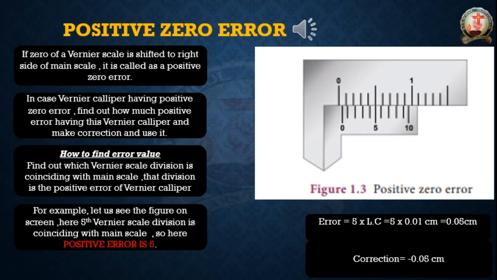In the zero error, the zero reading on the main scale and the zero reading on the vernier scale coincide. But here the difference is that the zero of the vernier scale is shifted to the right side of the main scale. Once again, please see the figure. In this figure, you can clearly observe the upper scale is the main scale and the lower scale is the vernier scale.